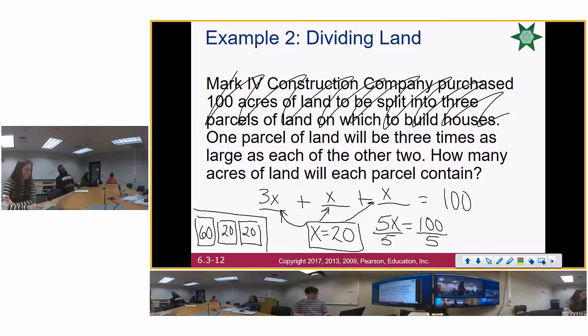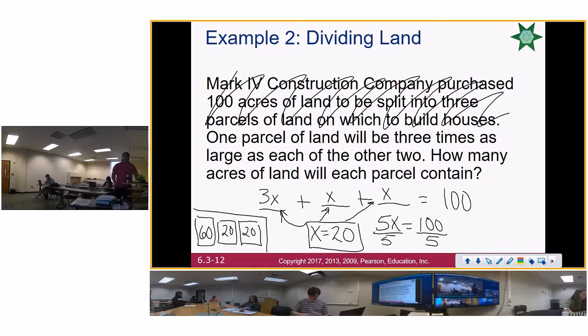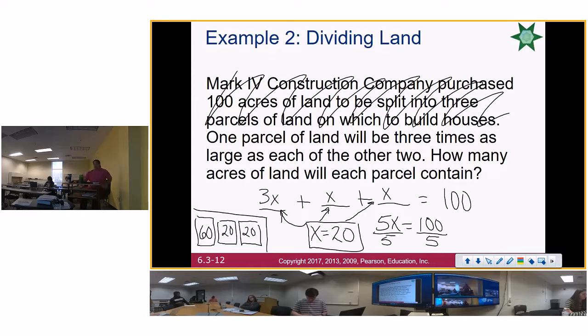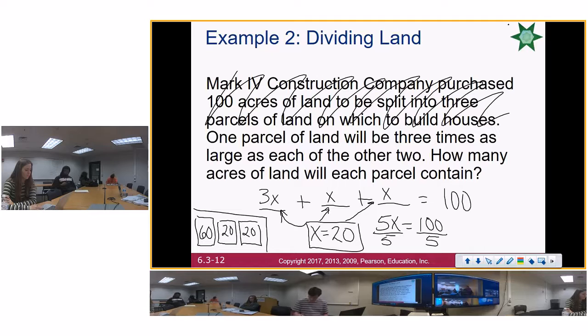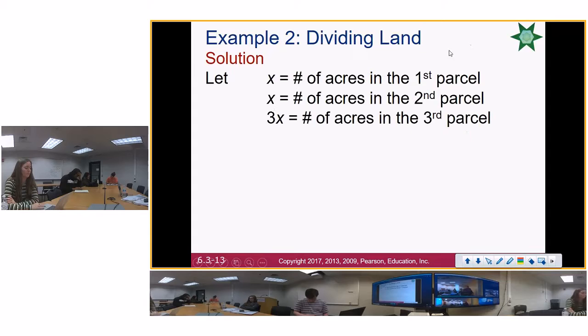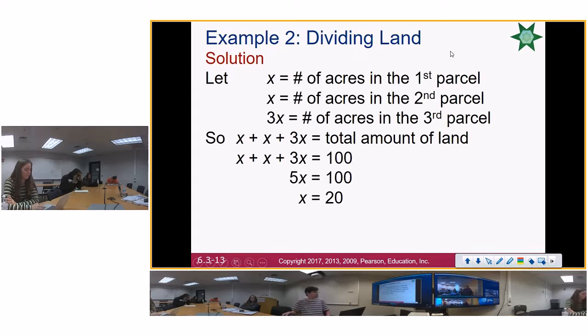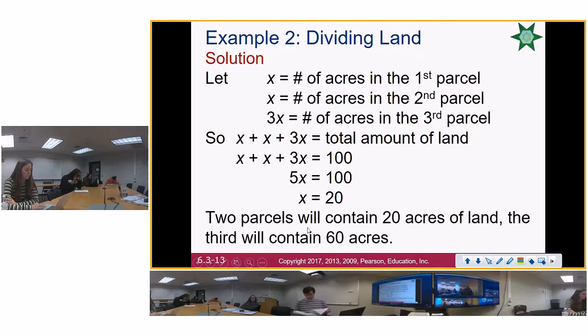Now that may not be on my test, but that one, along with the first one we did, you can bet your bottom dollar will be on a standardized test if you have to take one in the future. Okay? Two parcels contain 20, and the third will contain 60.